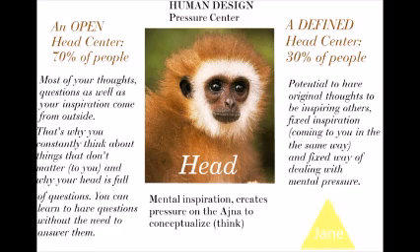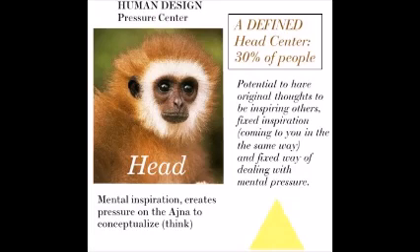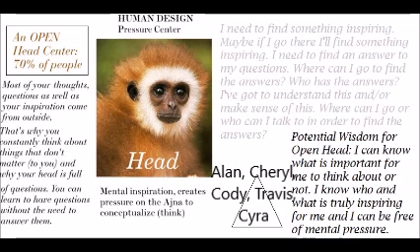When you have a defined head center, the head center, first of all, is a pressure center, and you have the potential to be inspiring to others and to have a fixed way of providing this inspiration. And you have a fixed way of dealing with mental pressure, although you do have the possibility or potential to overthink and to obsess.